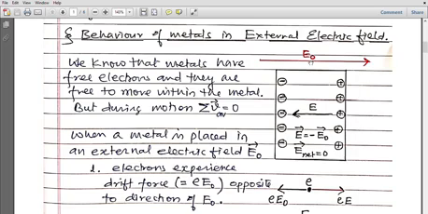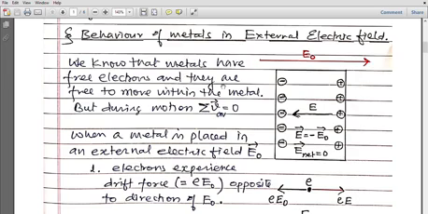Now if we talk about the inner arrangement of electrons inside a metal, it is very clear that metals have free electrons, and these electrons are free to move anywhere within the metal. They move with different velocities.